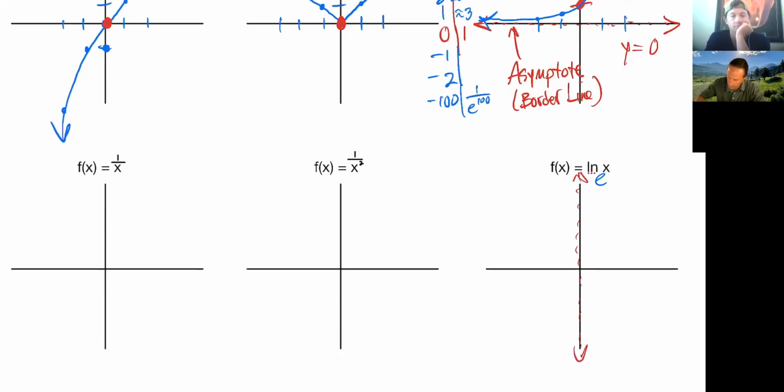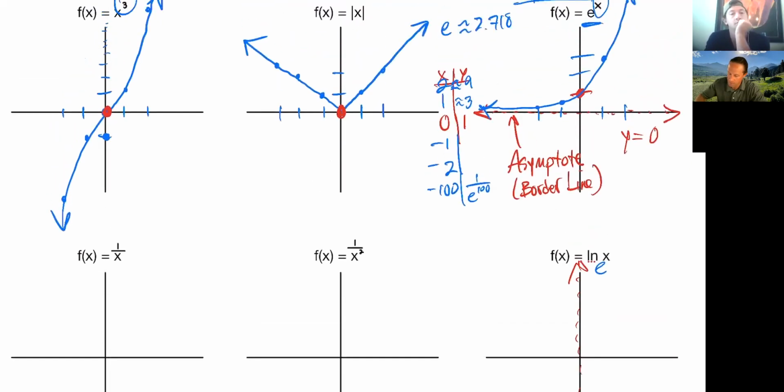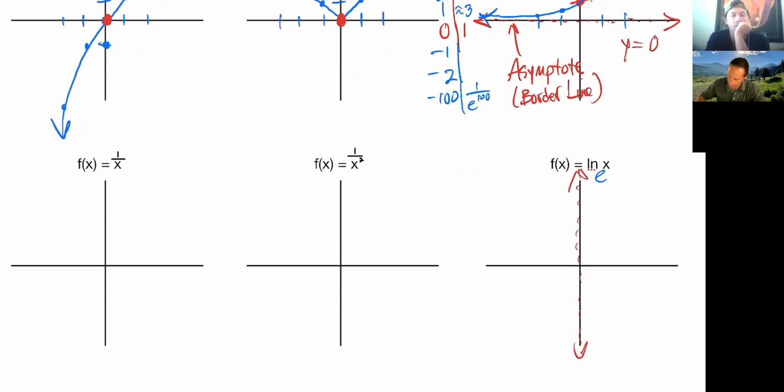Y-axis. Very good. And instead of the point 0, 1, what is the reverse of 0, 1? 1, 0. Very good. 1, 0. I appreciate you all participating.